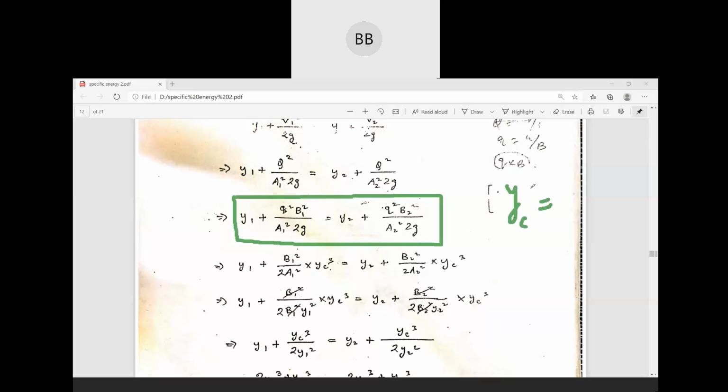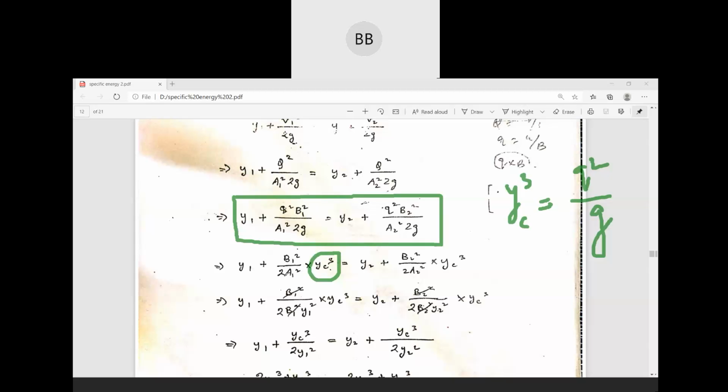So yc cube is nothing but q square divided by g. Not twice g, I made a mistake, it's g only. Q square divided by g for a rectangular channel. So here we have q square and we have g, so in place of q square by g we can write yc, and the other term will be left: b1 square divided by twice a1 square.